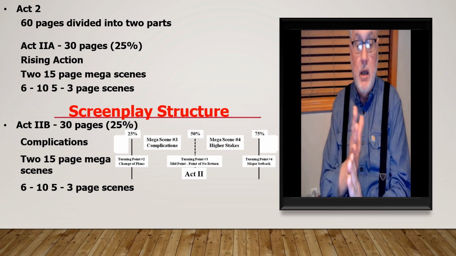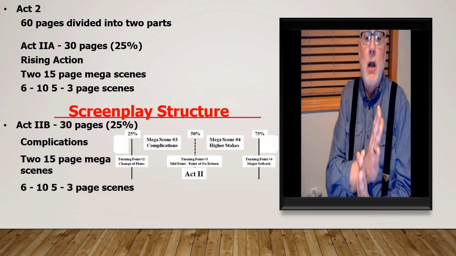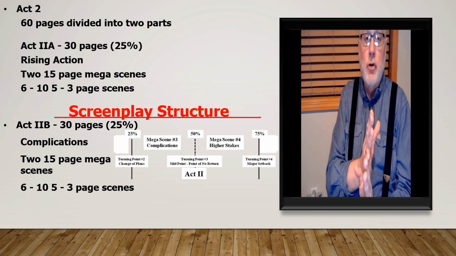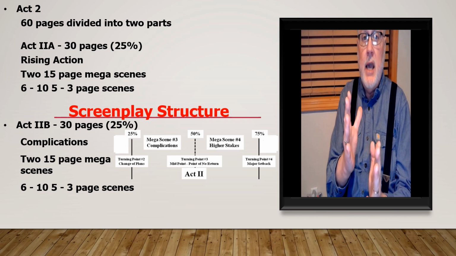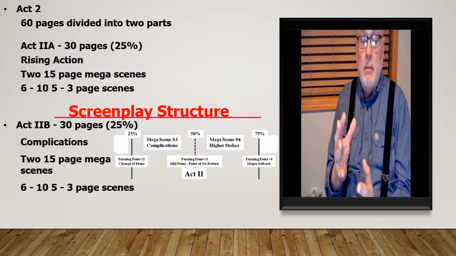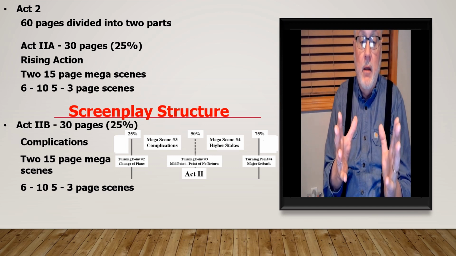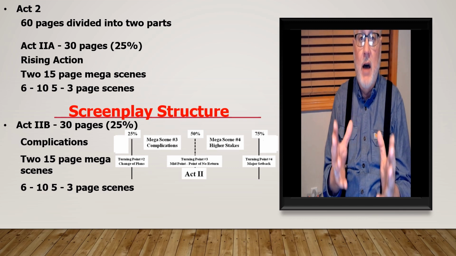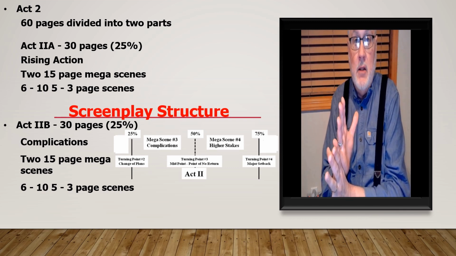And you've got to build into that story so that at the midpoint is your point of no return. The main character has gone through a change of plans. Now there have been complications to his plans, his, her, it doesn't matter. But you get to the midpoint, which is a point of no return. You have higher stakes, and then you have the beginning of the third act.